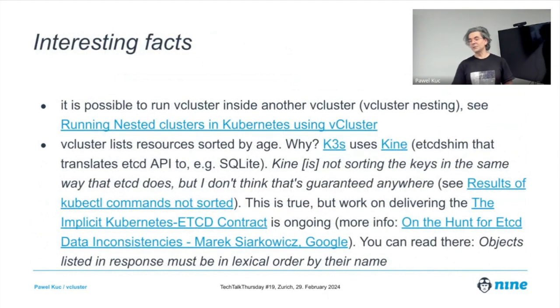And some interesting facts about vCluster. I mentioned that we can have a nesting tree, like a vCluster living inside a vCluster, living inside a vCluster, etc. We provide a managed version of vCluster, but in your local home environment, or any other testing environment, you can go wild and try to nest vCluster inside vCluster inside vCluster.